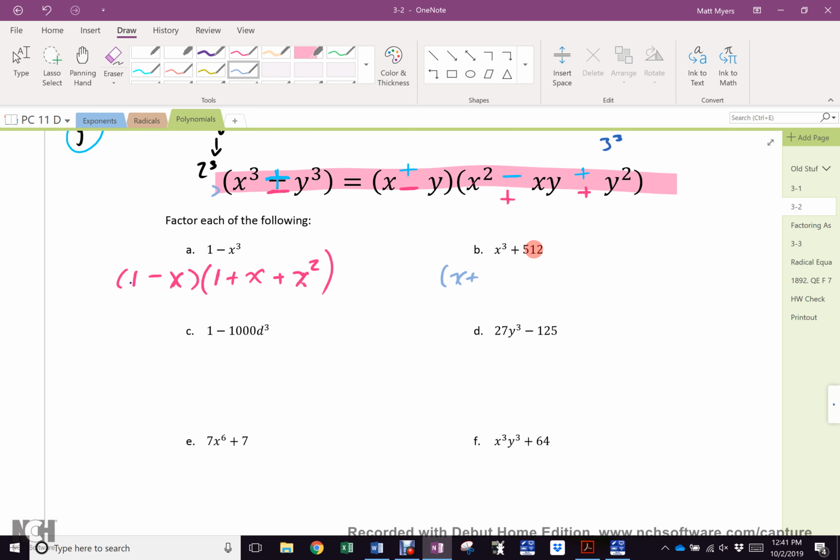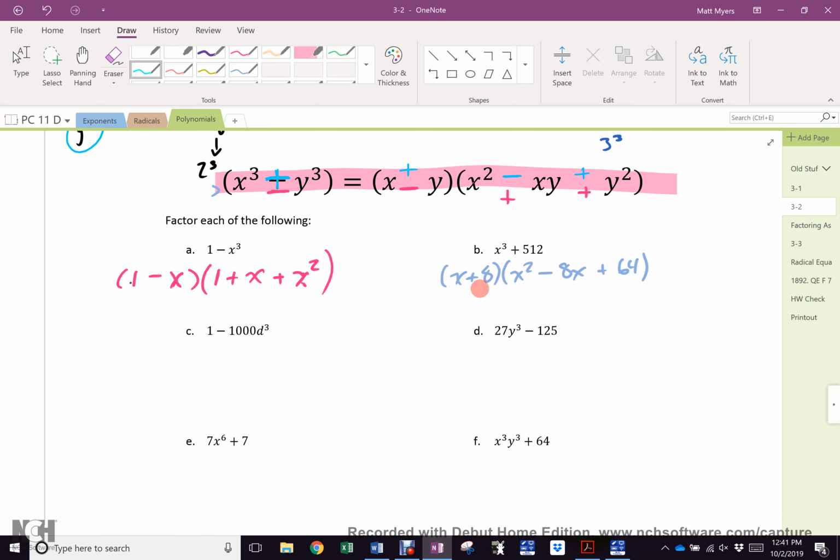What is it? 8. And then the first one squared. What's that? X squared. Plus or minus? Minus 8x, because it's that times that. Then what? 64, because it's 8 squared.